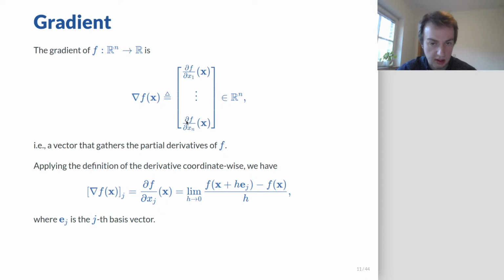Right? And you could do that, of course, for all n arguments. Right, so the gradient is a vector that gathers the partial derivatives of the function f.